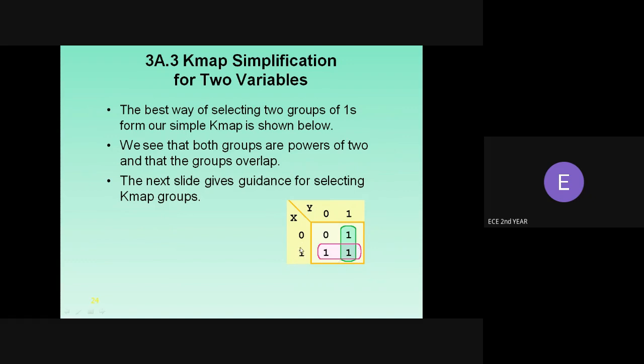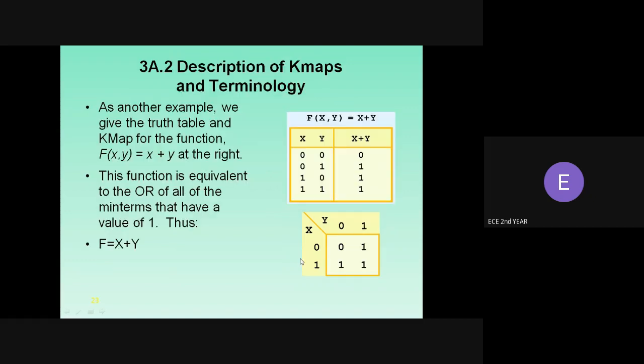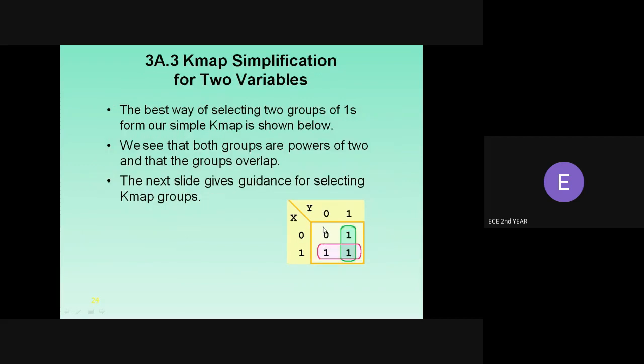So we can write the output as 1. Since two groupings are available here, for this group the term is y, and for this group the term is x, and the expression will be f equal to x plus y. There are no other possible groupings since you have only 0.